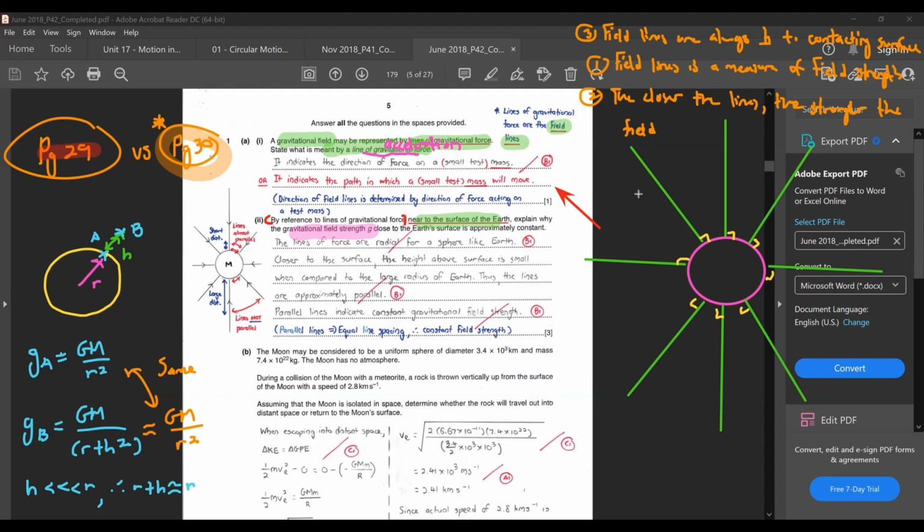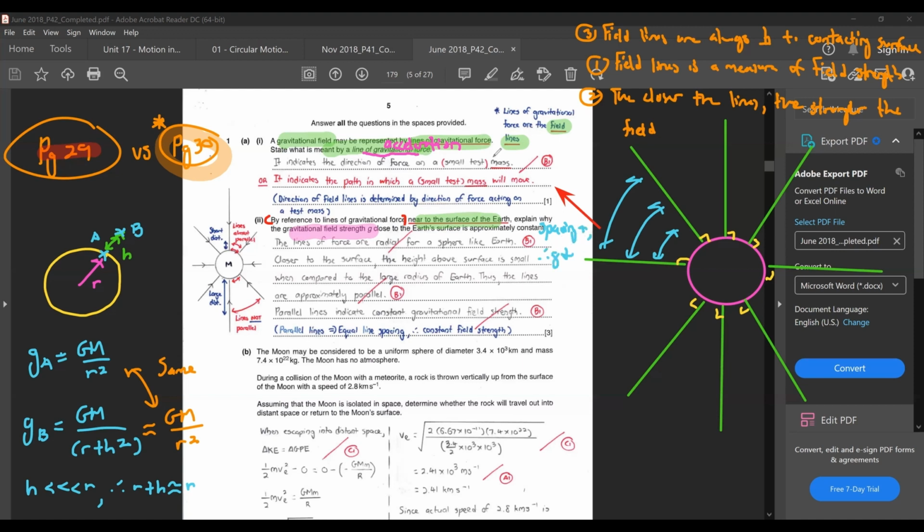You can see that the spacing increases. By right, the spacing increases, therefore g should decrease.